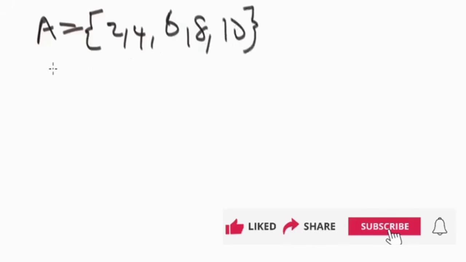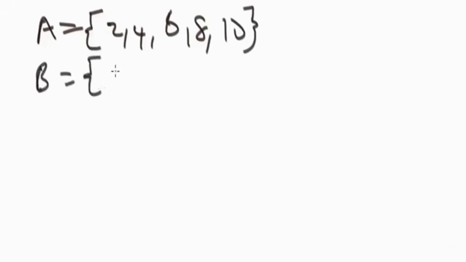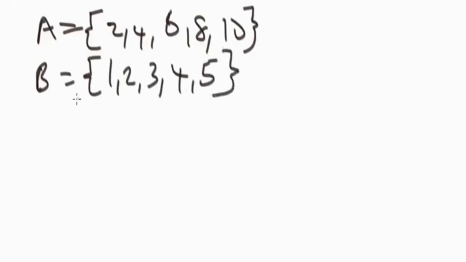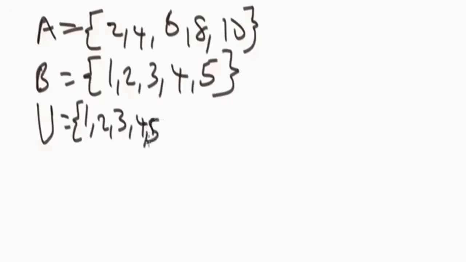Then we have the elements of B to be 1, 2, 3, 4, and 5. Then we have the universal set to be the values 1, 2, 3, 4, 5, 6, 7, 8, 9, and 10.